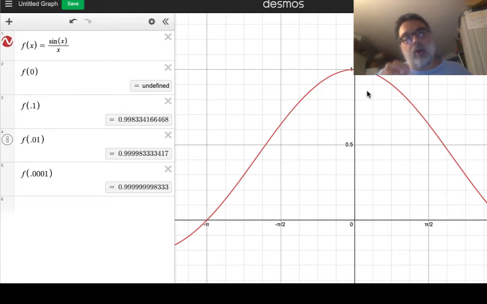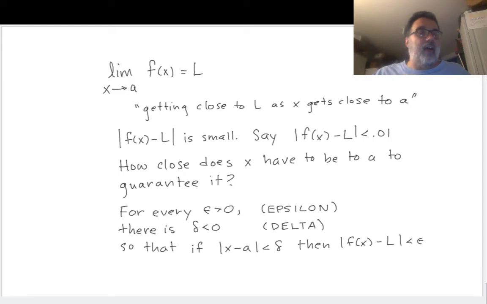So what Cauchy wants to say is that, even though f of 0 is undefined, we could talk about the limit as x goes to 0 of sine x over x is equal to 1. And what these mathematicians at the time did was really spell out what we mean by that, right?